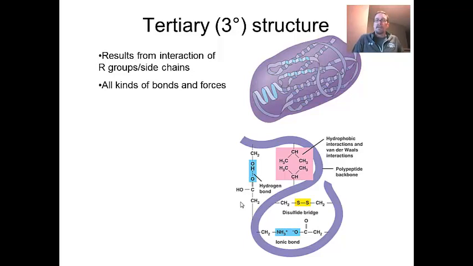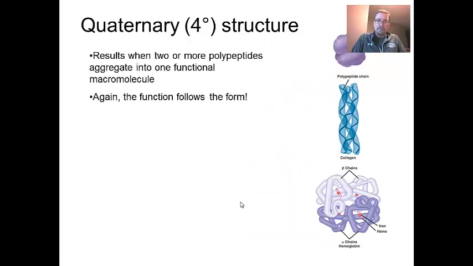It is very possible then, in that final folding of the protein, that the final product needs more than one protein, like hemoglobin. And that would be your quaternary structure. Here is a picture of hemoglobin, which is actually different proteins coming together to form the hemoglobin structure. Okay.